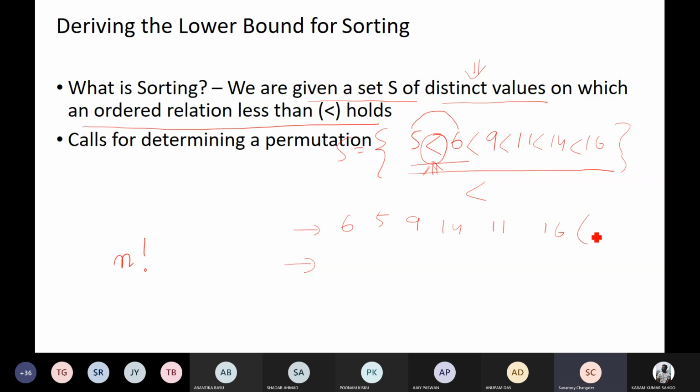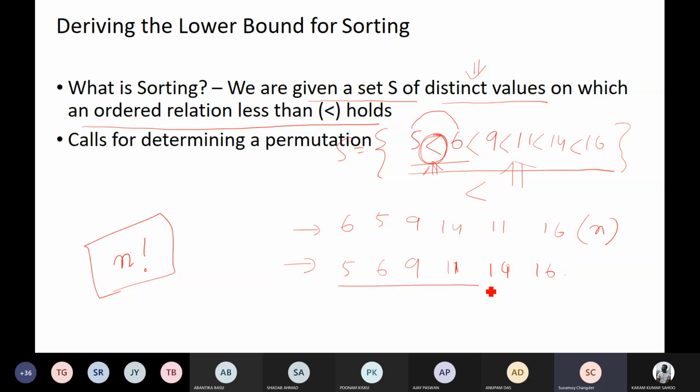Now, among these, only one will follow this rule where less than relation holds, and that is 5, 6, 9, 11, 14 and 16.